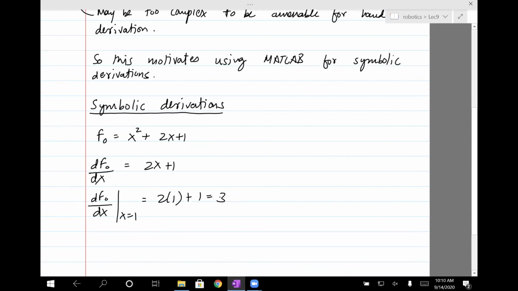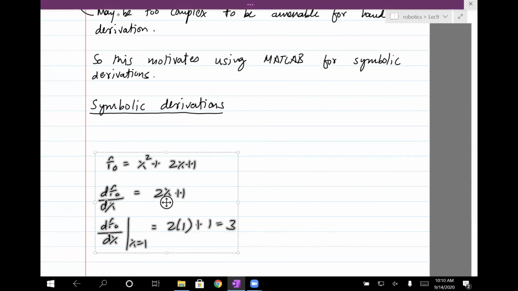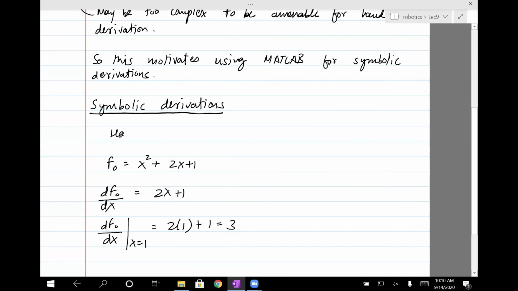Now how do you use Matlab to do this? So this is hand calculation. With Matlab, you can actually define symbolic variables. By default, as we've realized, we need to define values with numbers.